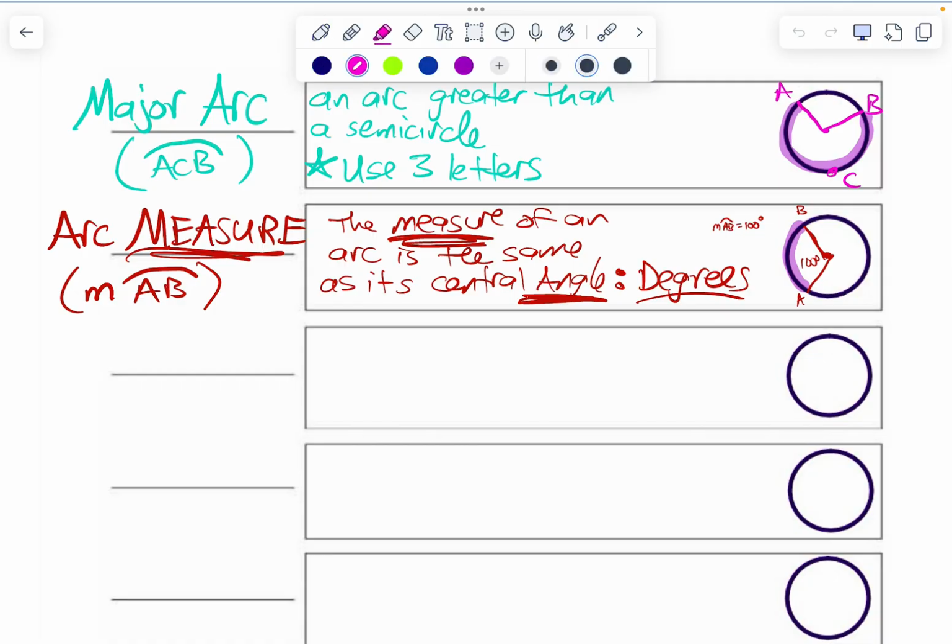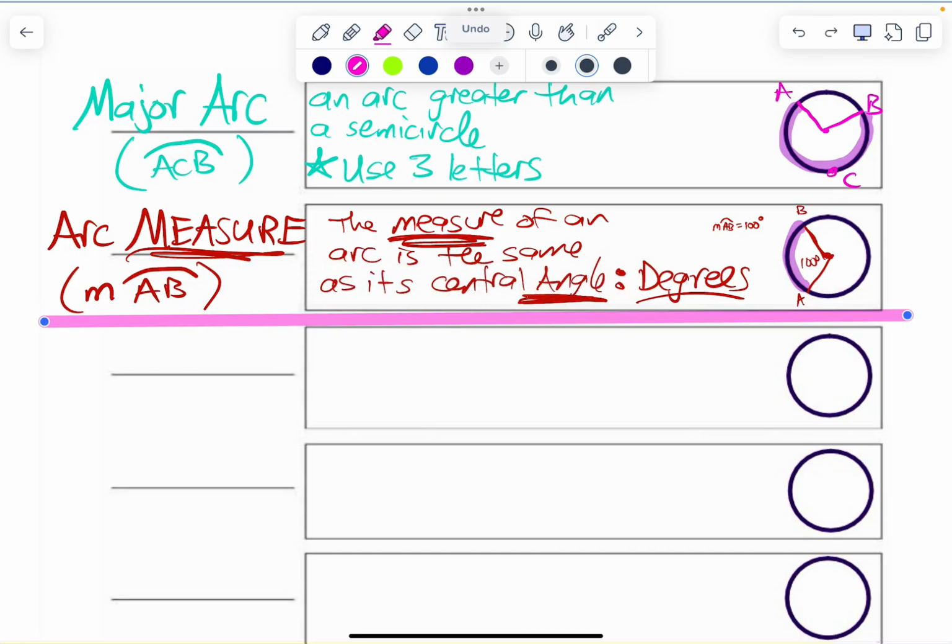Okay, we just got done writing that arc measure is a degrees thing. And now we're going to write arc length. So you can see why these two could be easy to confuse. Because arc length is like inches, feet, that kind of stuff. So just be careful, be very careful.